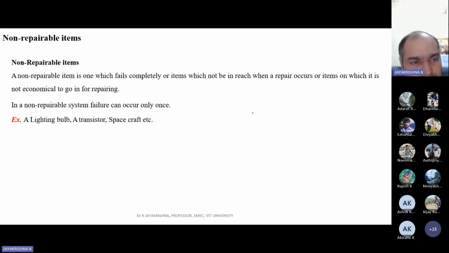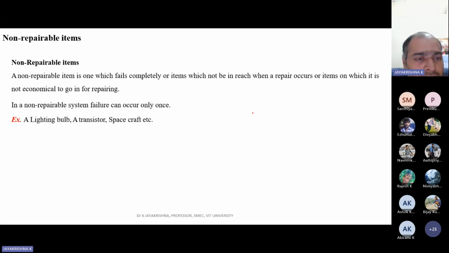it is not worth enough to repair the product, or it is not even possible for us to repair the product. I told you about the tires. If it's a puncture, you can fix the puncture and run it, and the tire will perform as it used to perform previously, and that is economical as well. But imagine if a tire has blasted, completely blasted.